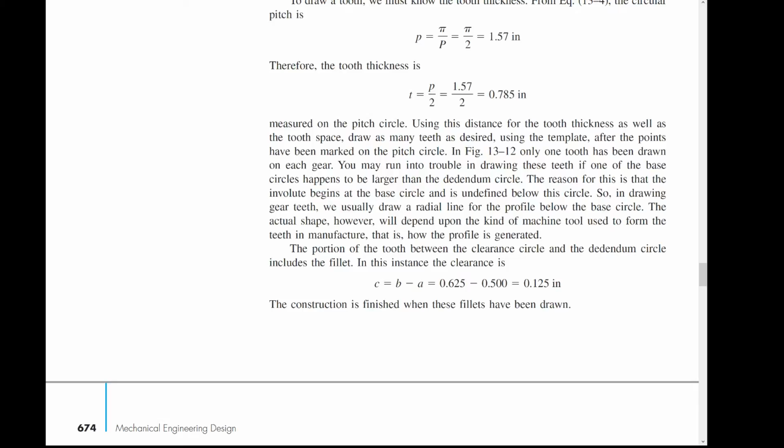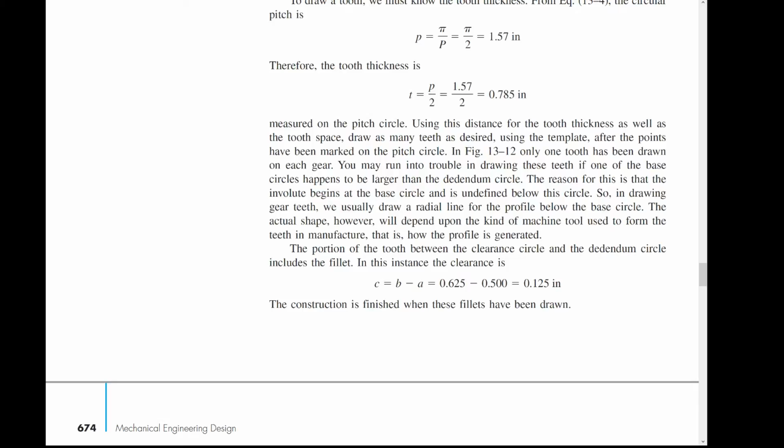So in drawing gear teeth, we usually draw a radial line for the profile below the base circle. The actual shape, however, will depend upon the kind of machine tool used to form the teeth in manufacture. The portion of the tooth between the clearance circle and the dedendum circle includes the fillet.